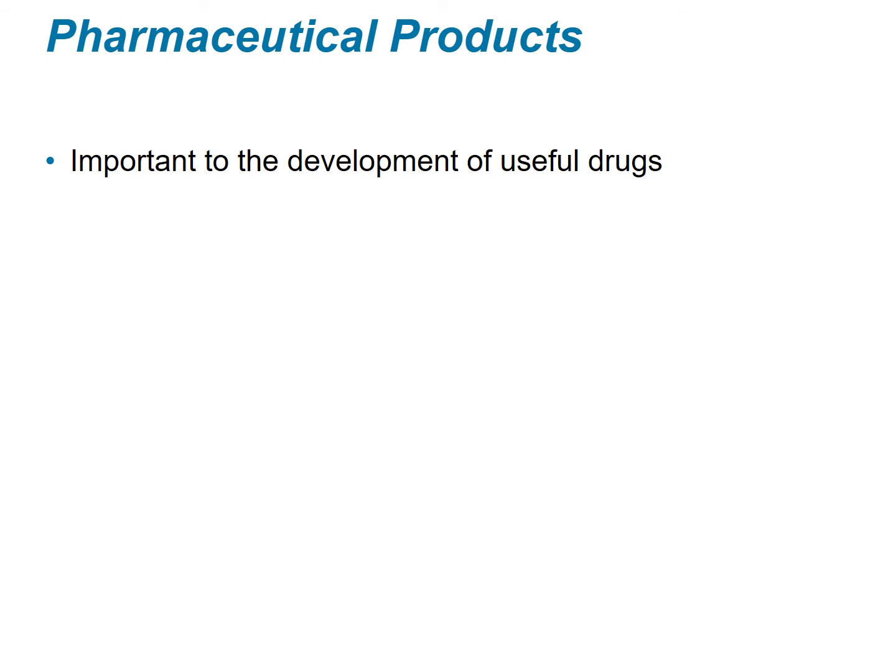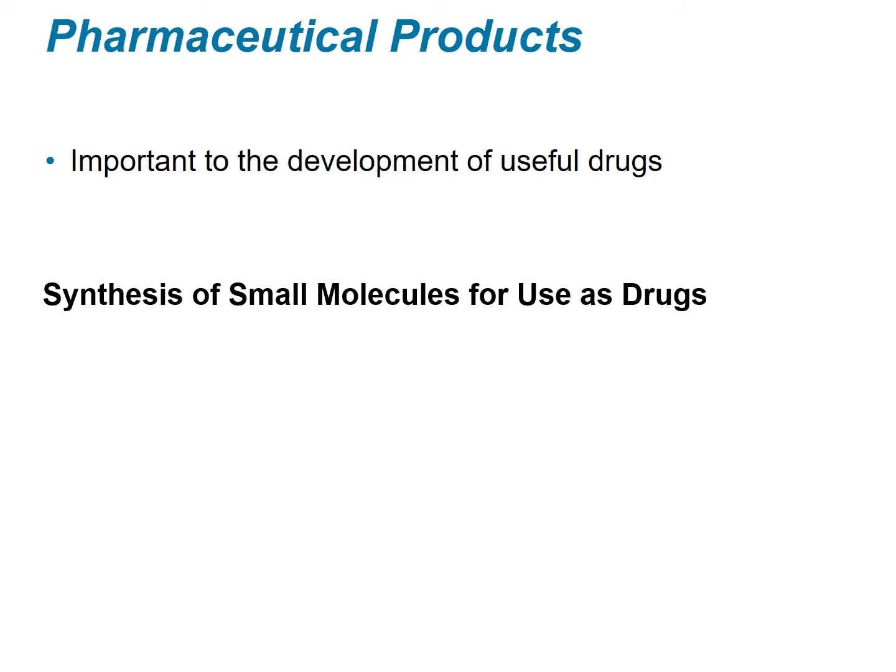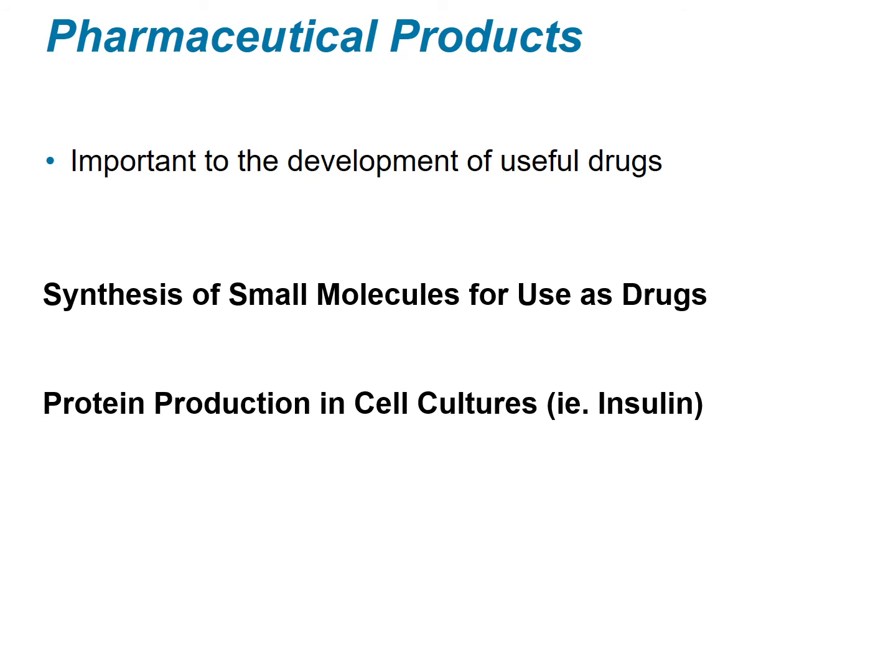In terms of pharmaceutical products, advances in DNA technology and genetic research in general have been important in the development of useful drugs to treat diseases. One of them is the synthesis of small molecules for use as drugs. You can manipulate organisms to synthesize these small molecules or potential pharmaceuticals.